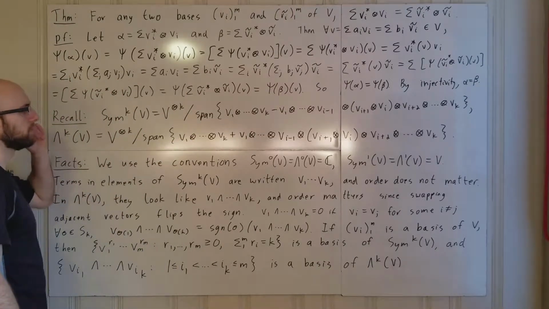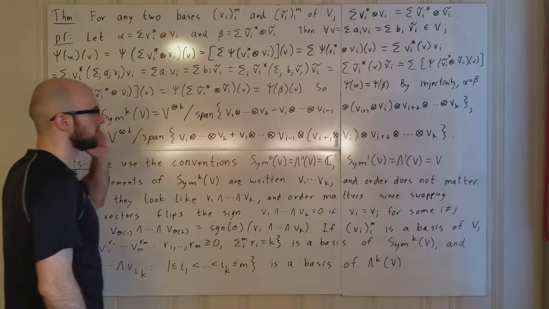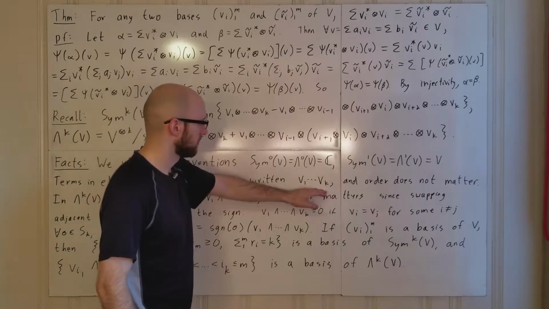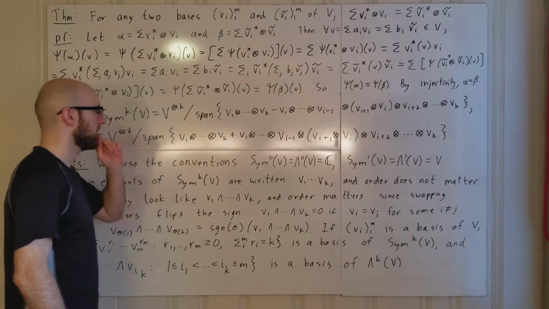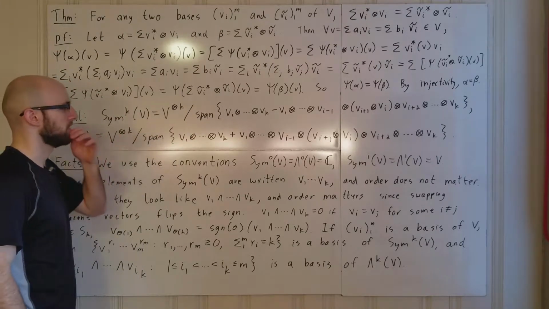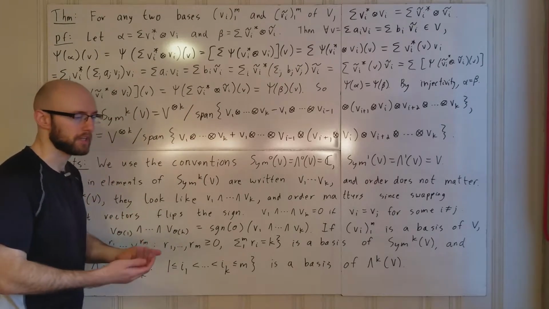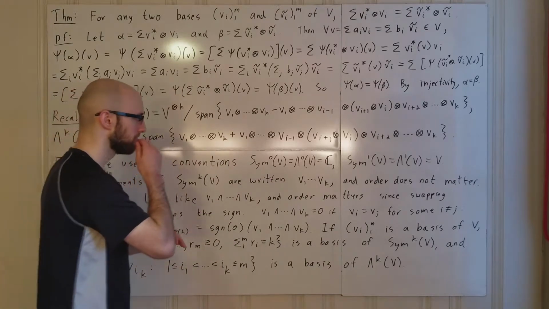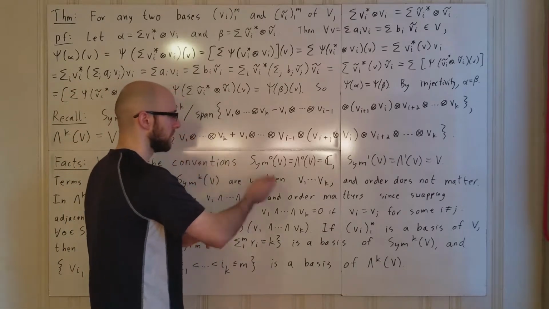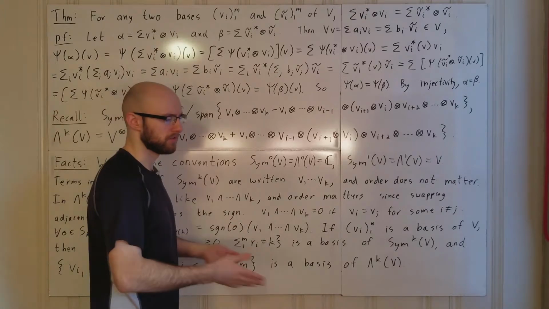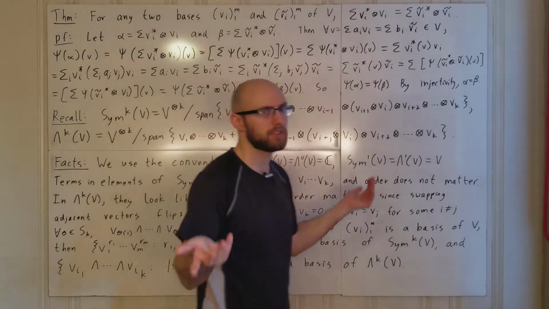And so if you look at any particular element in here, because of this quotient, the order of the Vi's doesn't matter, so you can just line them up. And so it's just going to be some V1 through Vk, where V1 through Vk are just some elements of V.